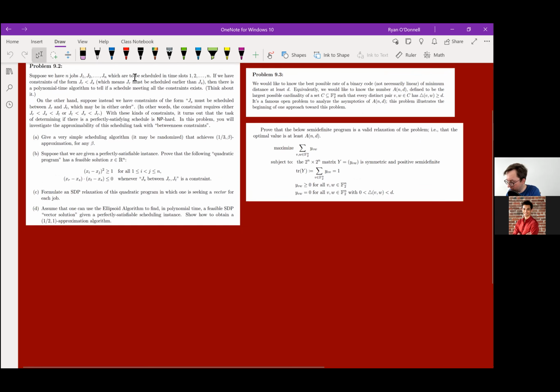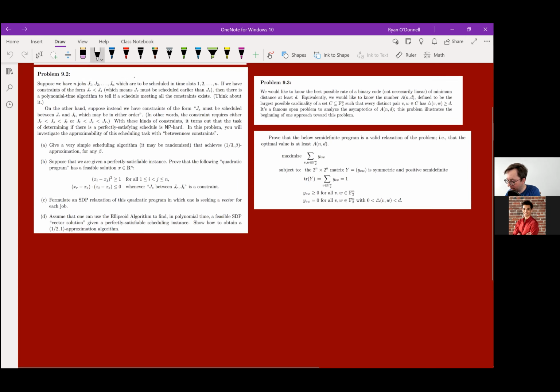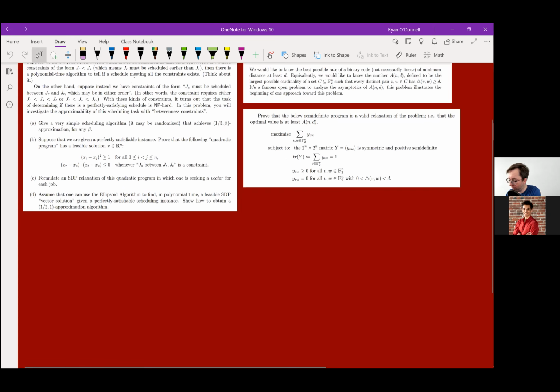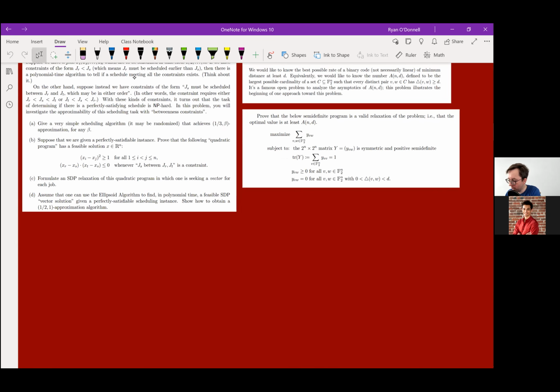Okay, let's just make sure we're on the same page here. When you have a perfectly satisfiable instance, how will you assign the xi's to get a feasible solution?